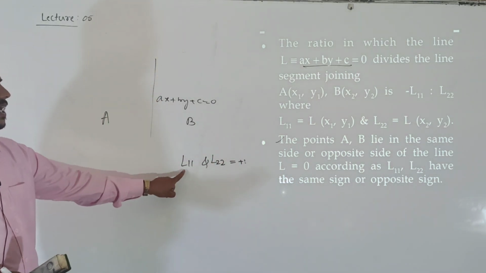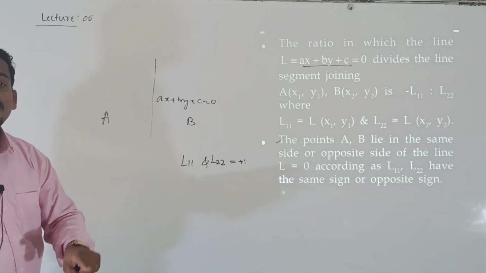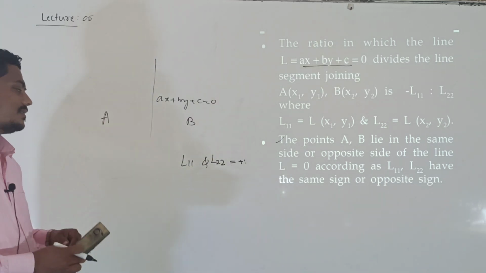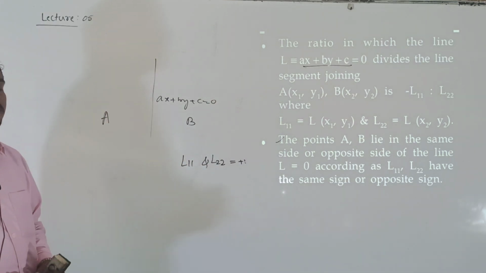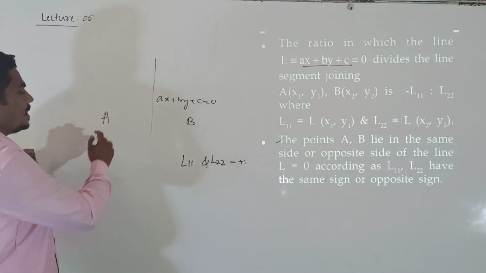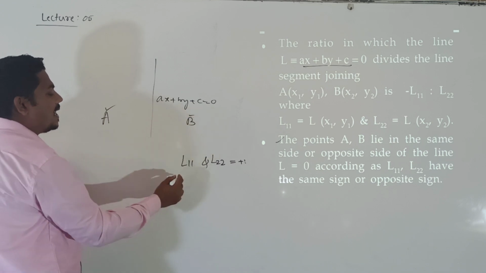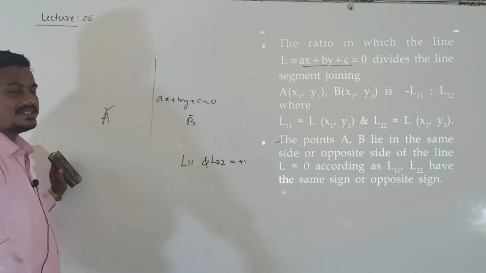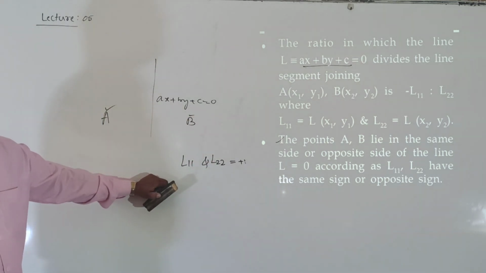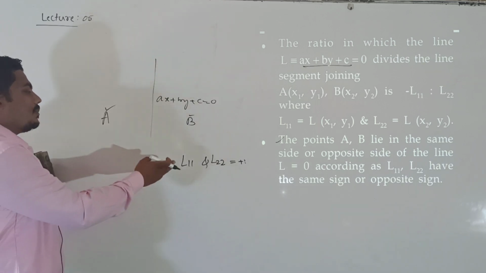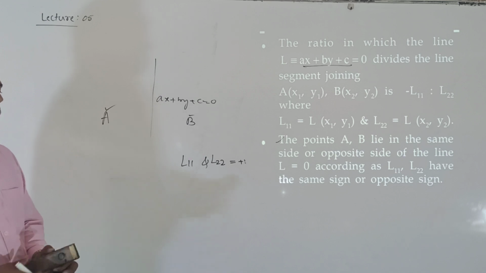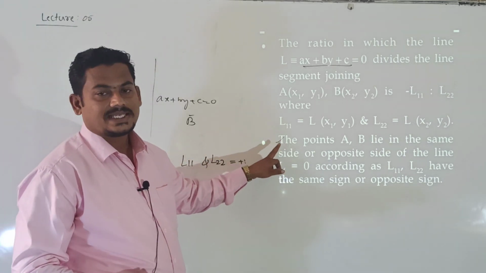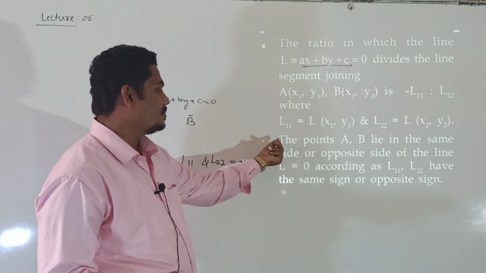If L11 and L22 have the same sign, then the points lie on the same side. If L11 and L22 have opposite signs, then they lie on opposite sides. In this case, L11 and L22 have opposite signs, one positive, the other negative. If both are positive or both are negative, then they lie on the same side. Once again, I will read this point.